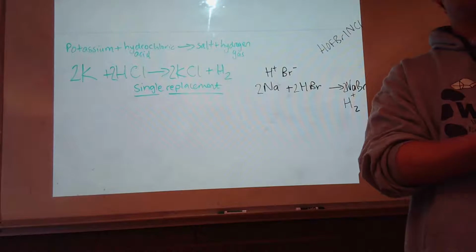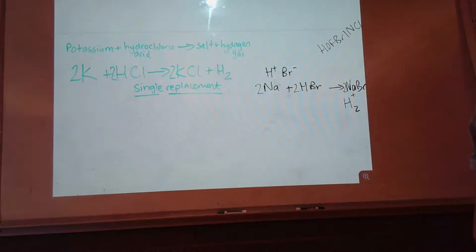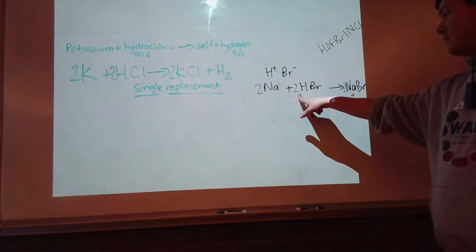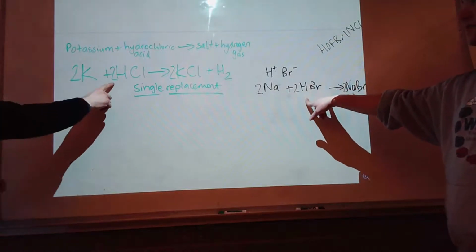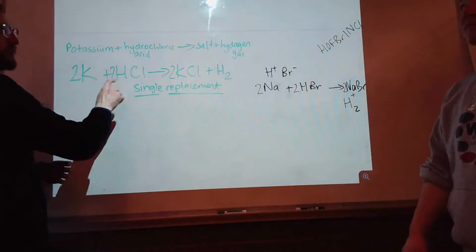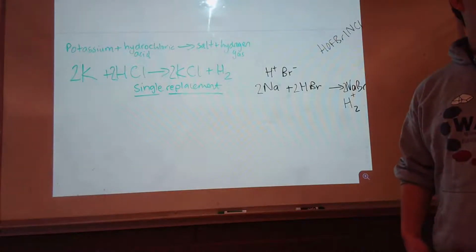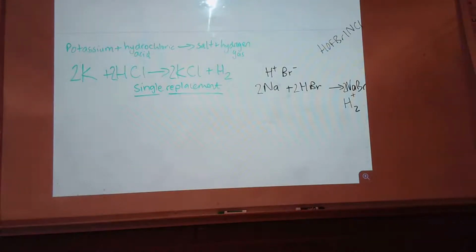So that 2 behind the H would actually compensate for the 2 that's ahead of the H on the other side. So it's totally balanced. With this one, the symbol for potassium is K, and the formula for hydrochloric acid is HCl.